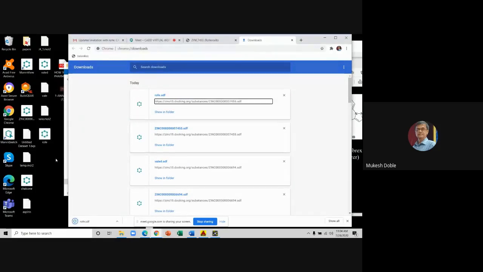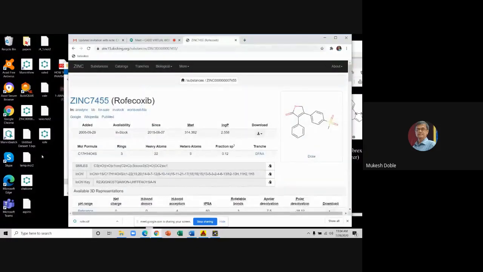We can view SDF format using Marvin, like I said.